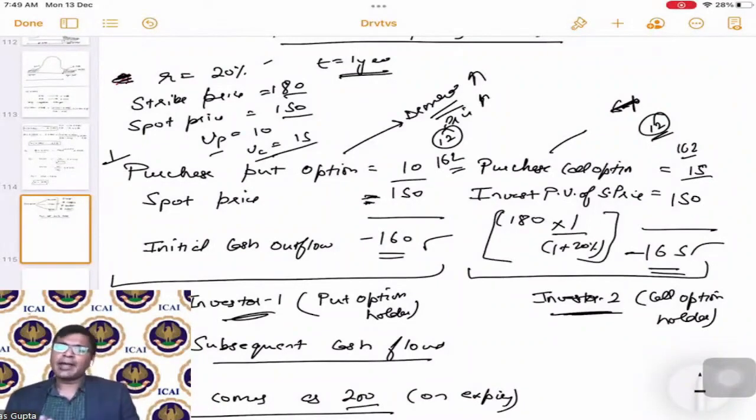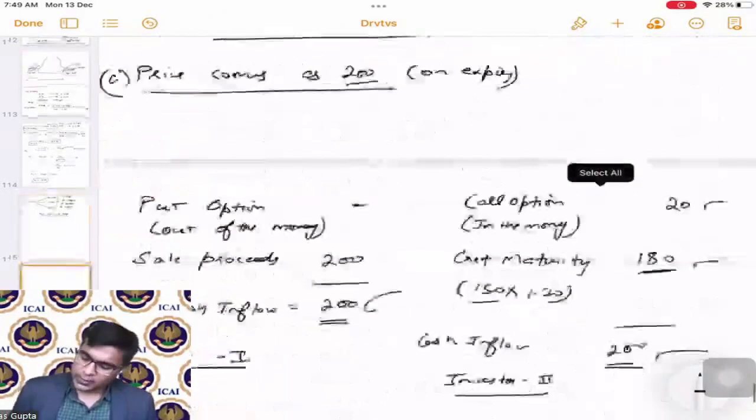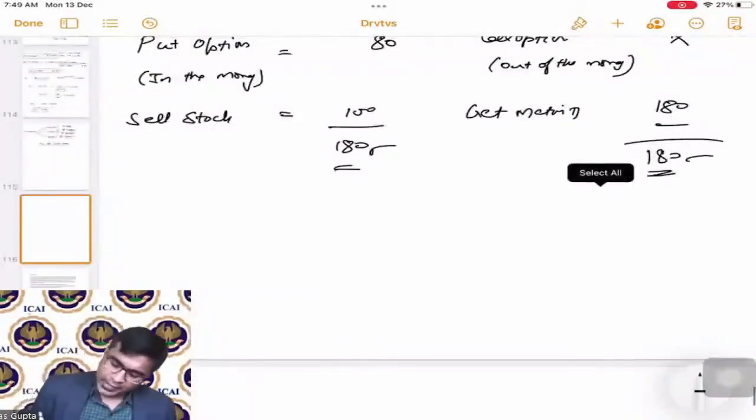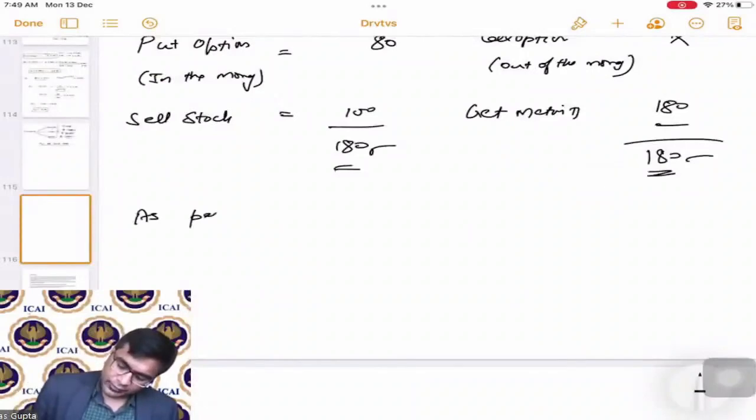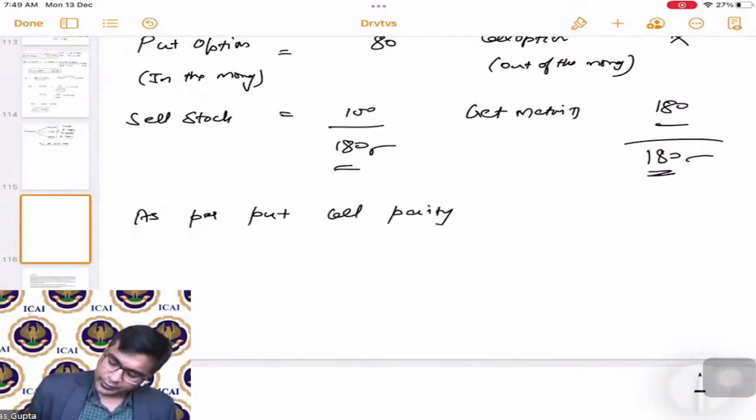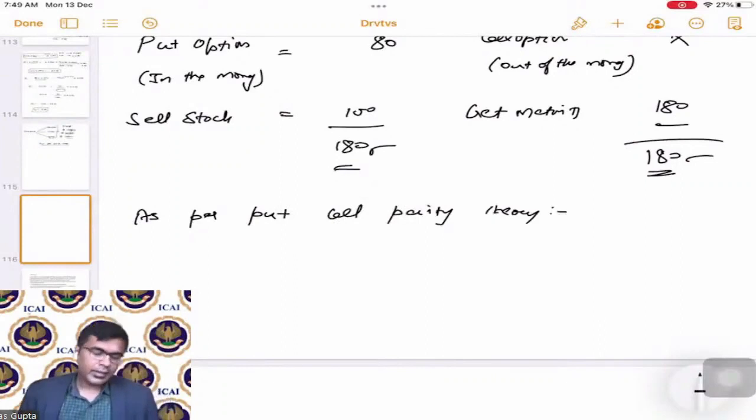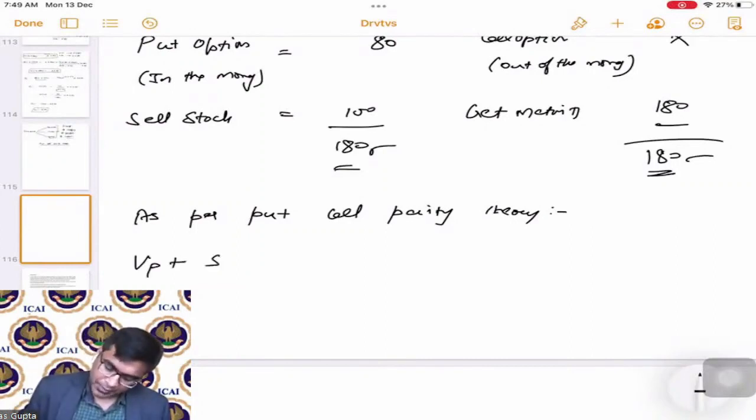Through demand and supply forces, both the portfolios will be equal, and this is what the put call parity theory says. As per put call parity theory, value of put option plus spot price is equal to value of call option plus present value of strike price.